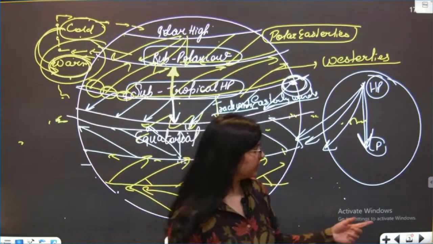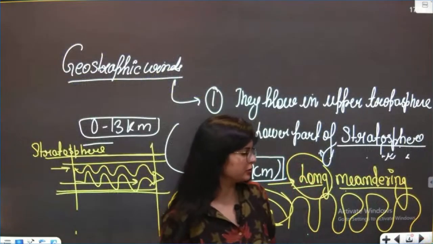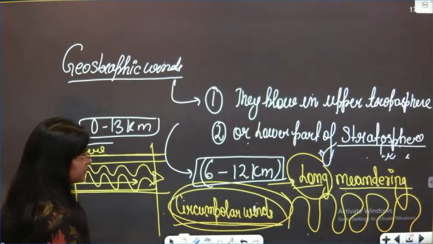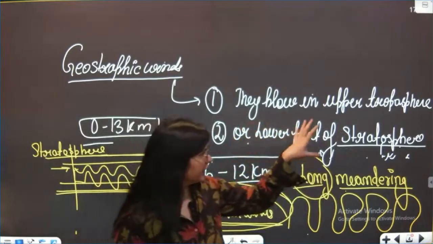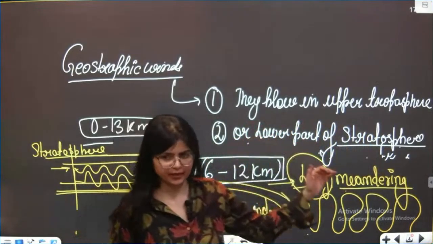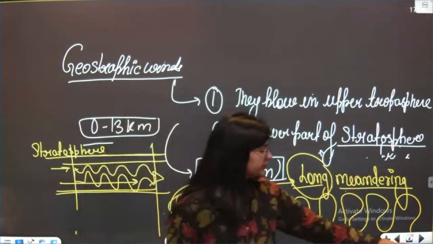Apart from that, we have done in detail the geostrophic winds and also the jet streams, how they blow in the upper troposphere and the lower part of the stratosphere. They are high speed, they are meandering, they are circumpolar, all the characteristics we have understood in detail.